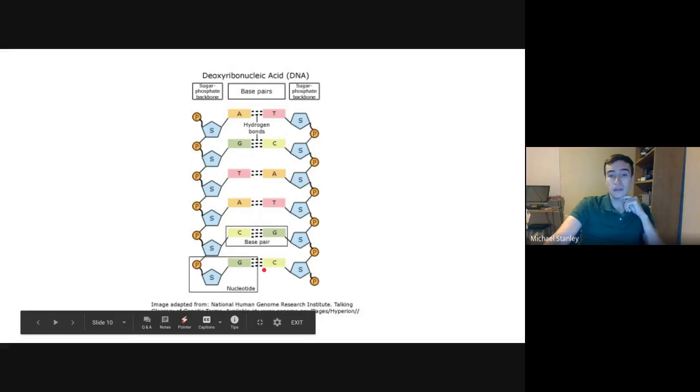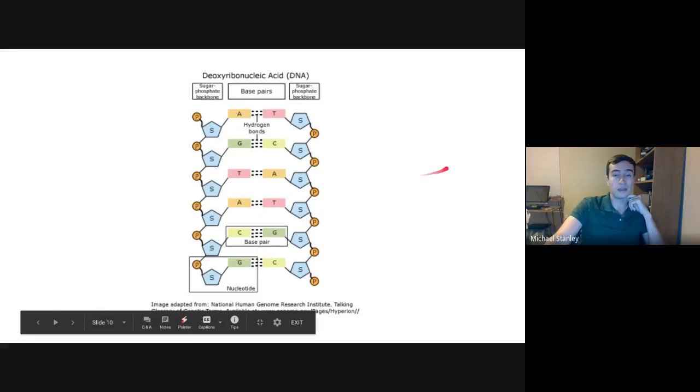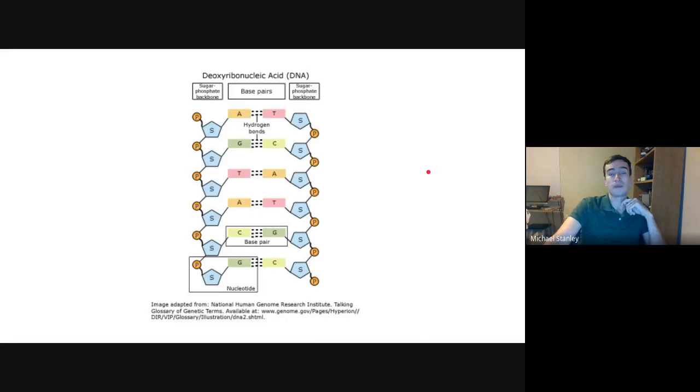So does anybody notice, feel free to answer either out loud or in the chat, a particular way in which the bases are pairing up with each other, or the types of bases that are pairing up with each other?